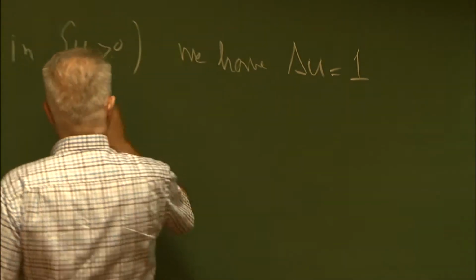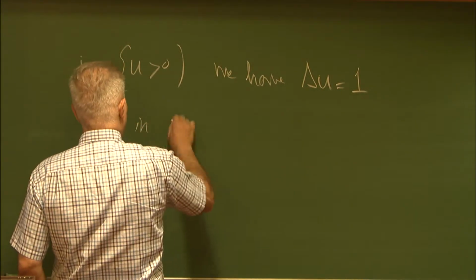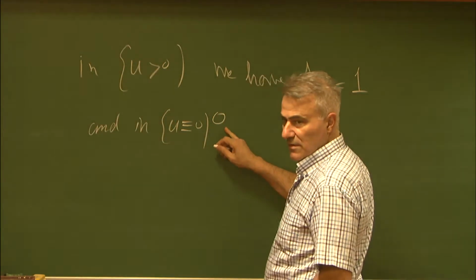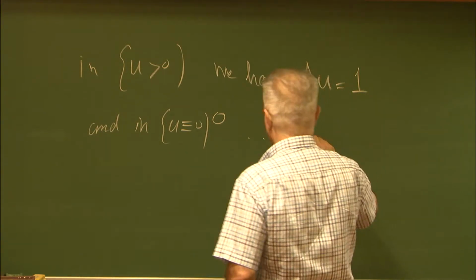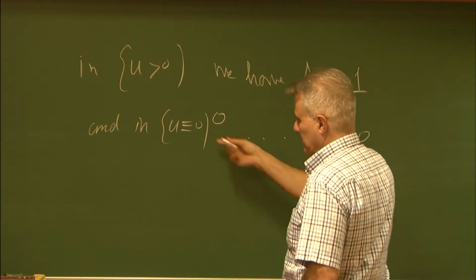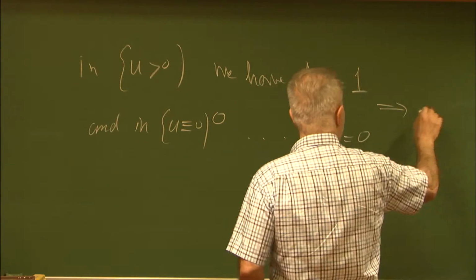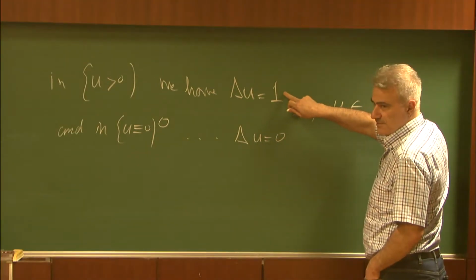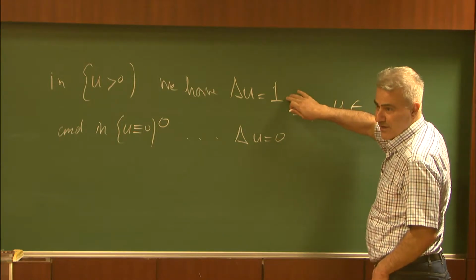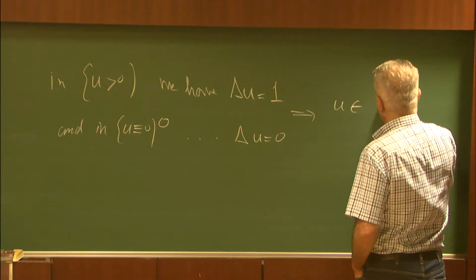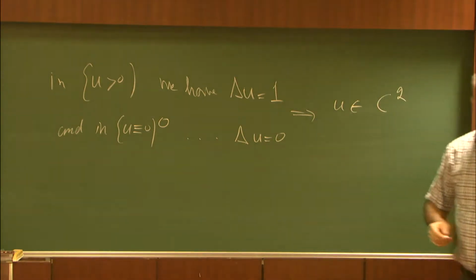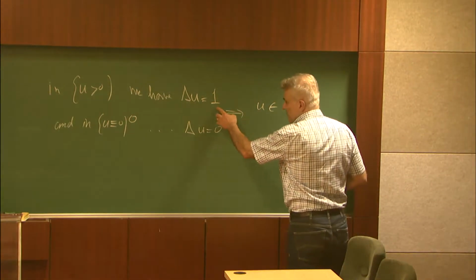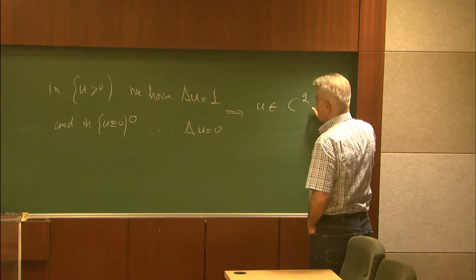And in the set where u is exactly 0, in the interior, we have the Laplacian of u is also 0. Well, I don't need to write it because u is identically 0. So this together tells me that u is actually C2 there. If f is good enough, say C alpha, then I'm going to get u is C2. In this case I get much more, but if it is not 1 but f, I'm going to get C^{2,alpha} or something.